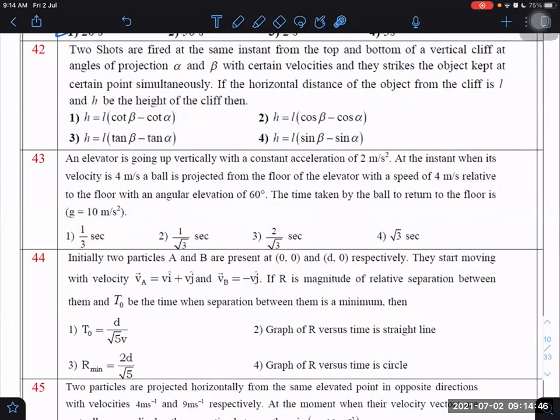Top and the bottom. They strike the object kept at a certain point simultaneously.